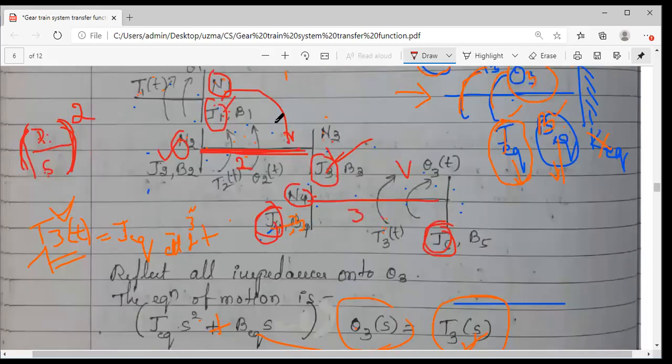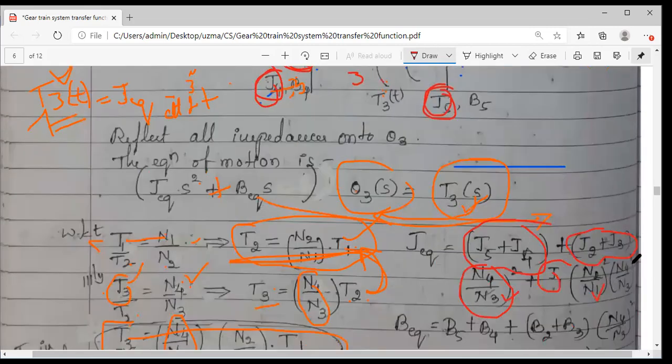And when you take this further into one more transformation, the destination shaft is N4, source shaft is N3. So for shaft 1 there are two transformations, which is why it will be multiplied by two different parameters, whole square. Both are squares.